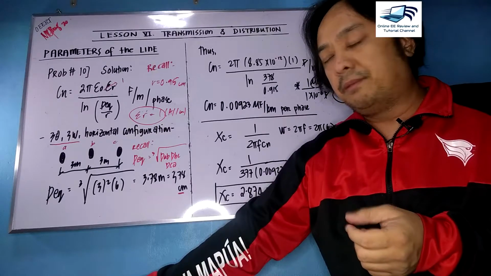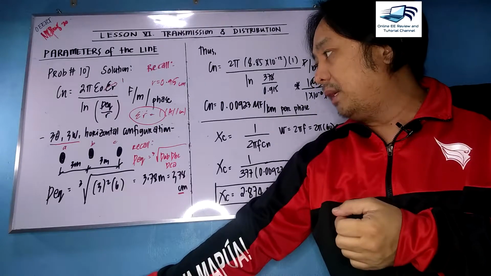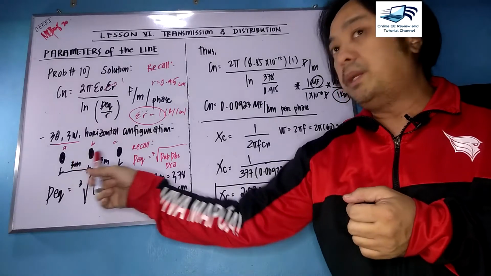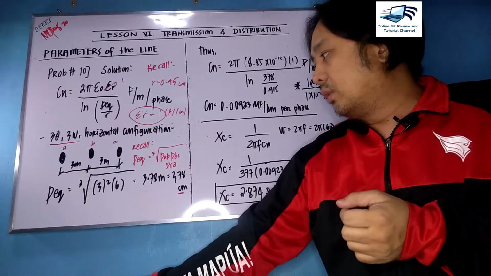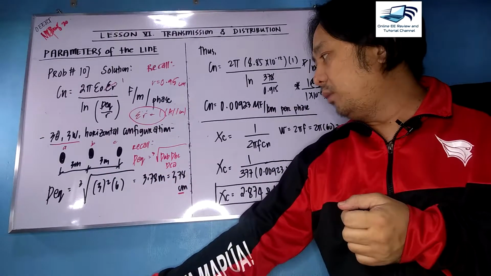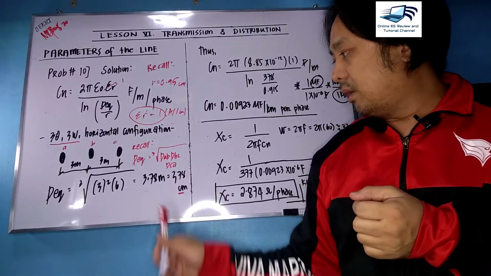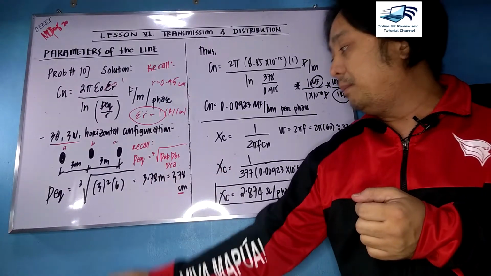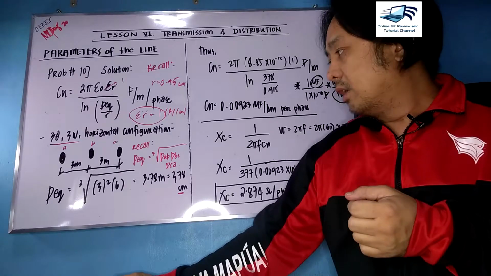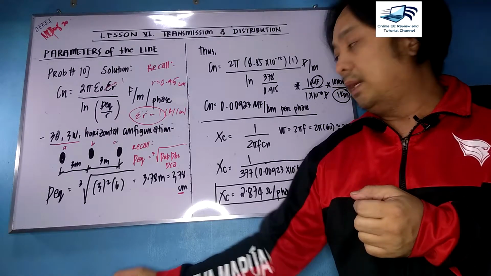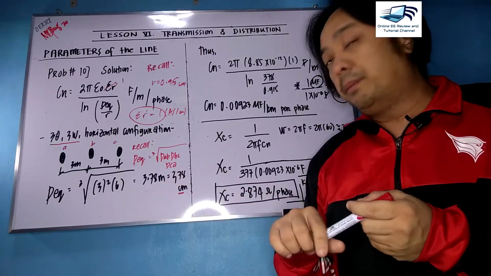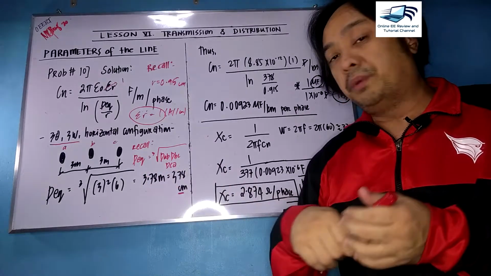So for this, you have 3 conductors. We have A, B, and C, which are 3 meters apart. So for this, we have Deq equal to the cube root of DAB, DBC, and DCA. Please take note that this formula is already given to you from the last few slides.